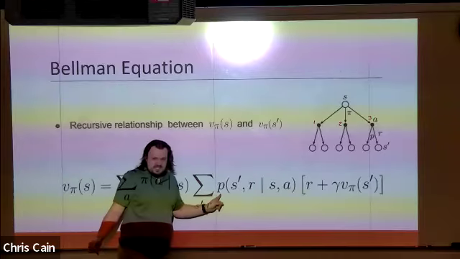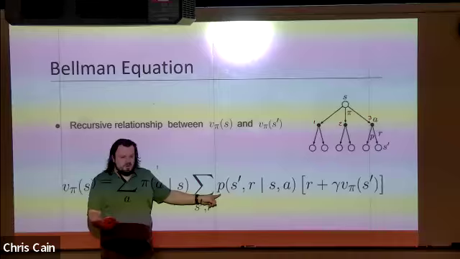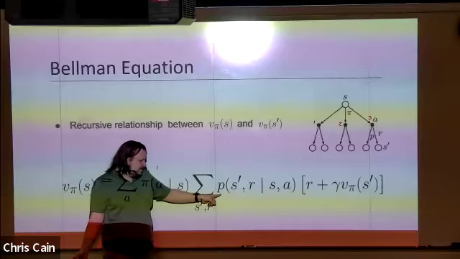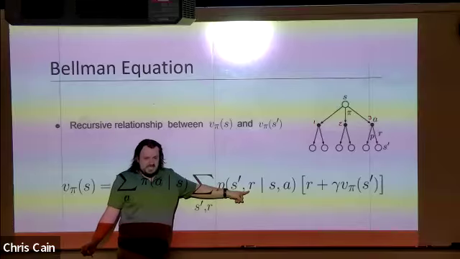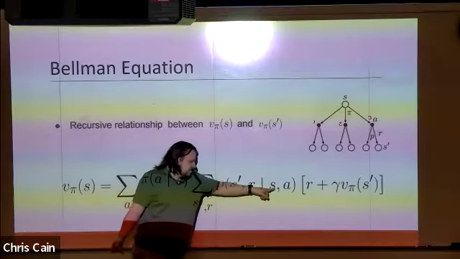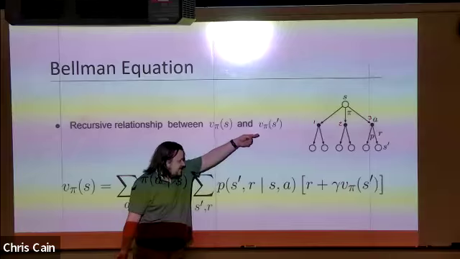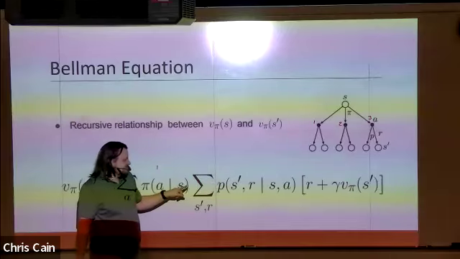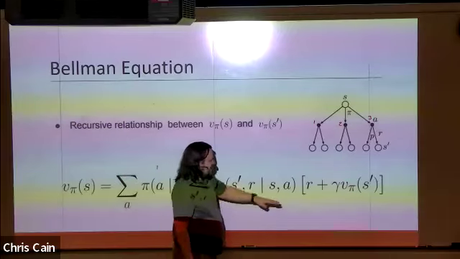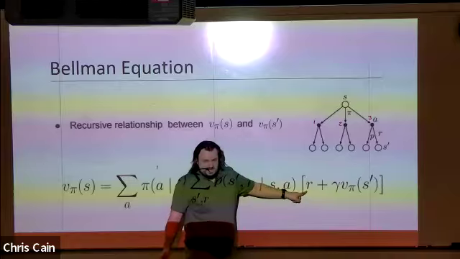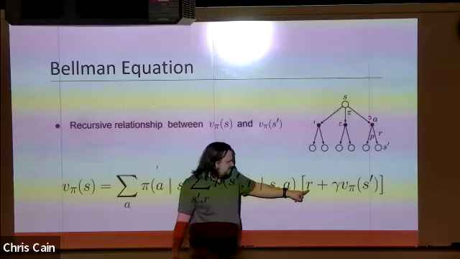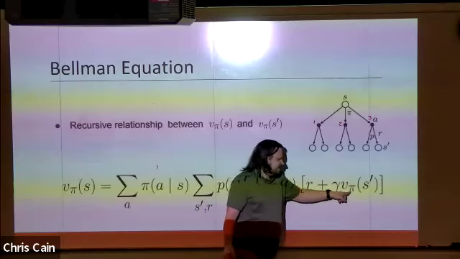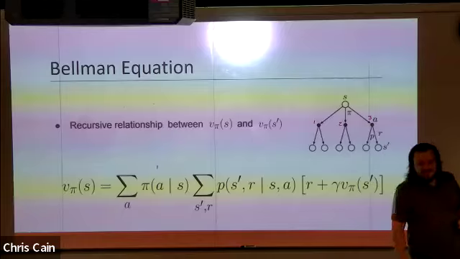This is your guess at how likely your opponent is to make the move, to end up in S prime and receive the reward that you get from that, given that you started in the starting state and chose this action. So for that probability, the actual value of being there is the reward that you receive from that, your increase in chance of winning, plus some discount rate times the value of being in that state.